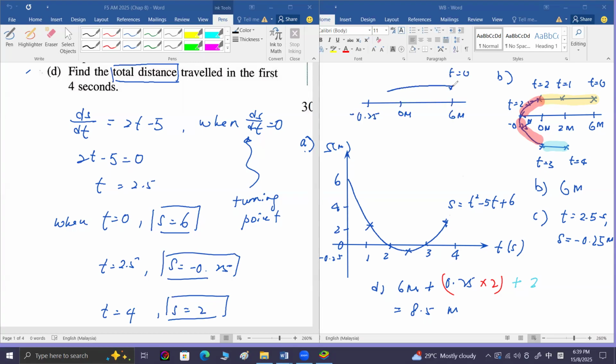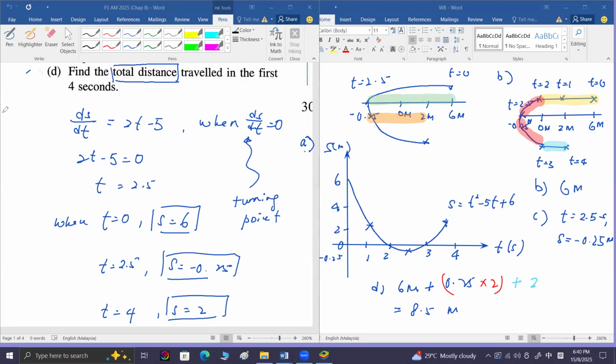Then ending point, that is 2 meters. You see, I don't need to find all this. Then what do I do? To get the total distance, from here to here. After that, from here to here only.